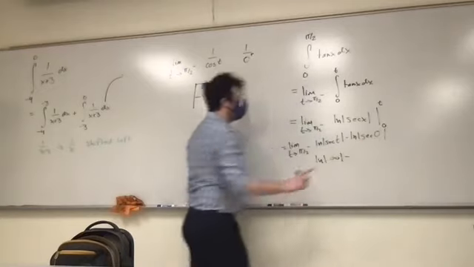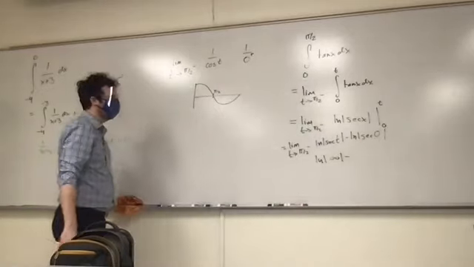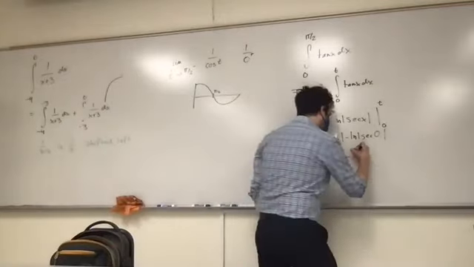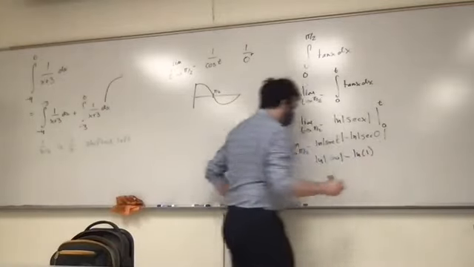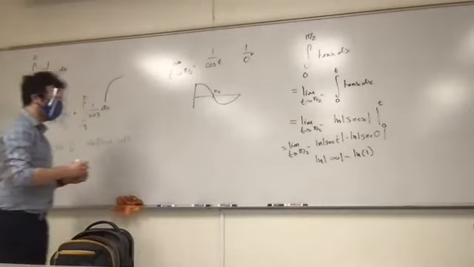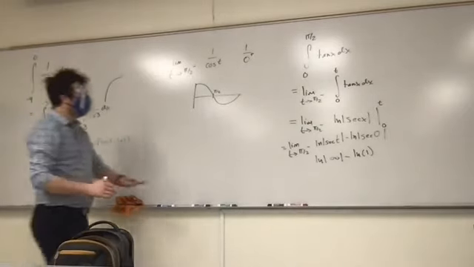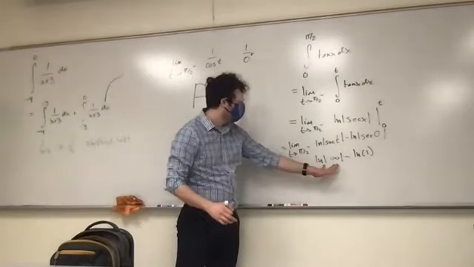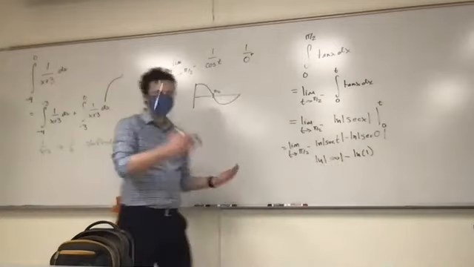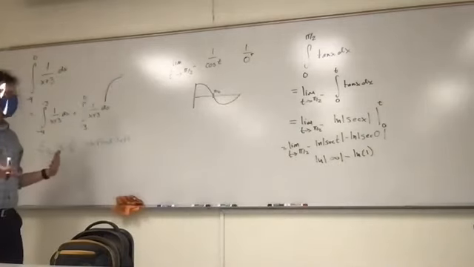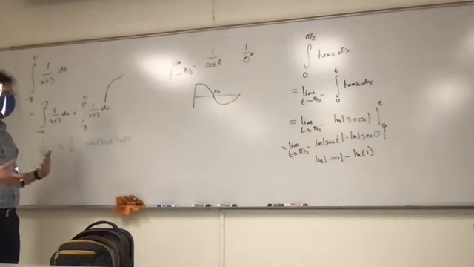And secant of 0 is 1 over cosine of 0, that's 1. But what we see here is that this expression, natural log of infinity, isn't a number, but what it's saying is what happens to the natural log as the thing inside it goes to infinity.